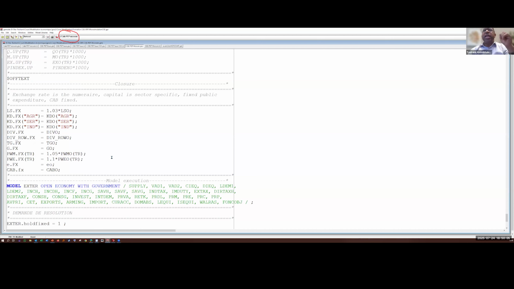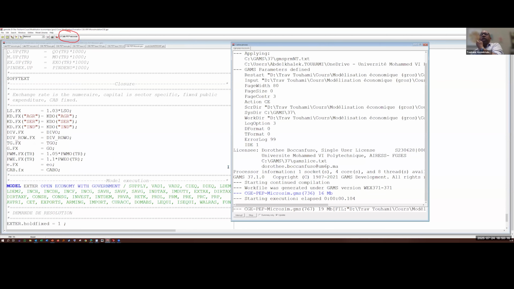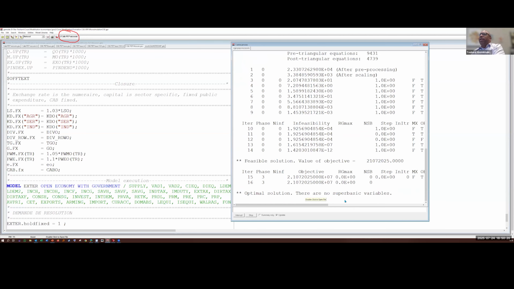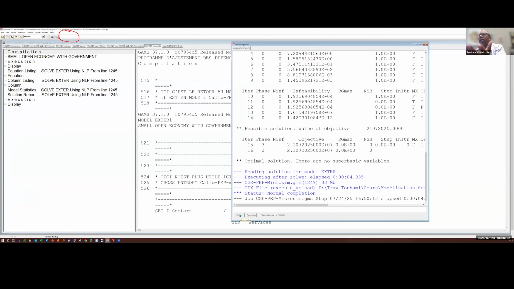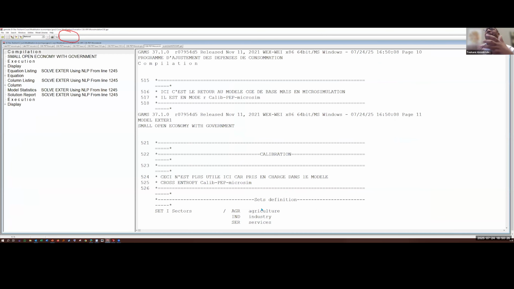We are in a microsimulation and we are simulating a shock. The number of variables we have to find is very big. It's exactly the same as in a reference year, and we will have a new value. We have now, after simulation, the new situation.